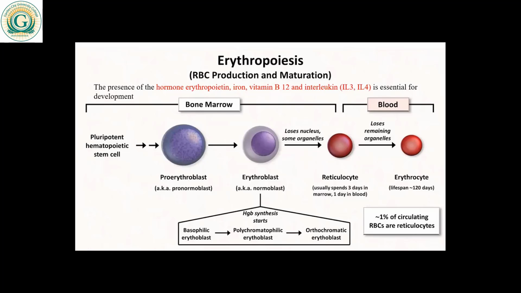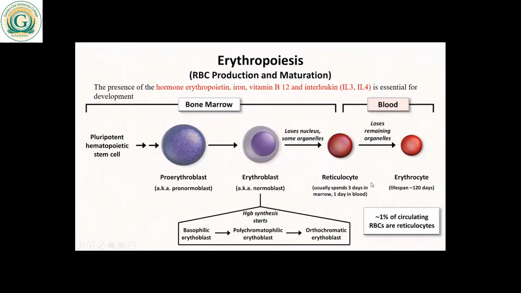So it starts to lose its organelles and its generalized shape. Then from erythroblast to reticulocytes, most organelles are lost, including the nucleus.